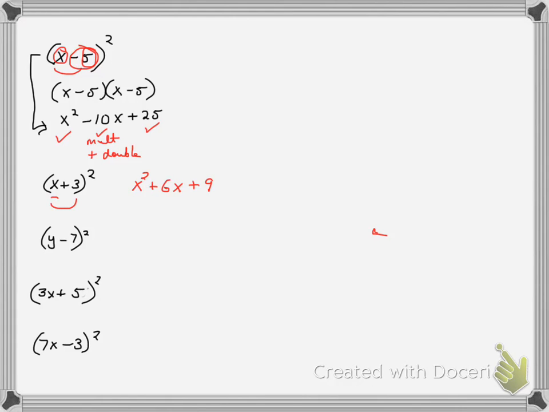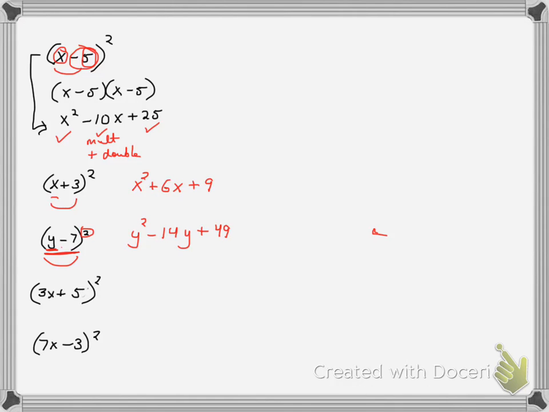Let's try the next one, a binomial. Again, this is a binomial squared. Square the first term, y squared, multiply together and double, that'd be negative 7y doubled, or negative 14y. Double is the same as multiply by 2. And for the last term, negative times negative is positive, and 7 times 7 is 49.